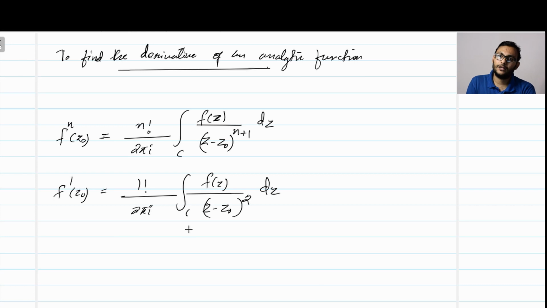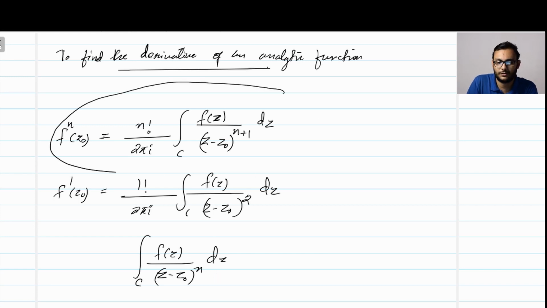This can also be used in reverse order, that is if we are asked to find the integral over C f of z by z minus z0 the whole raised to n dz, what will be the value of this? We can use this equation in reverse order by putting n plus 1 equal to n, so we lower the derivative order by 1 and cross multiply with these terms.